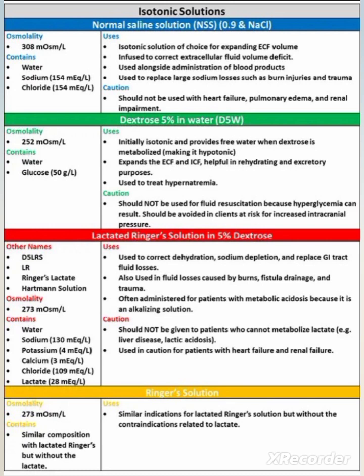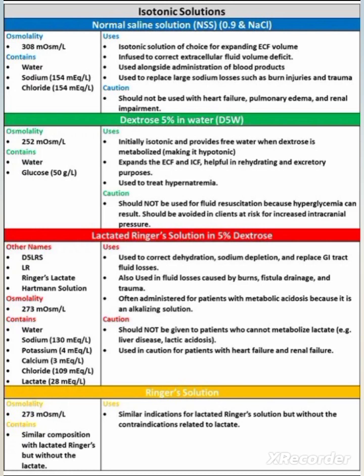This fluid can be administered along with blood products, and it is used to replace large sodium losses such as burns and trauma. At that time we can use normal saline.